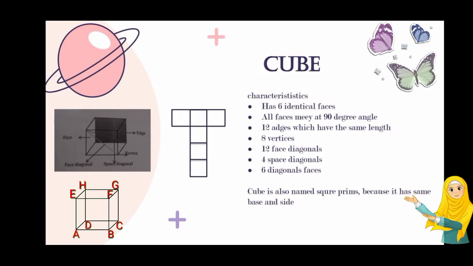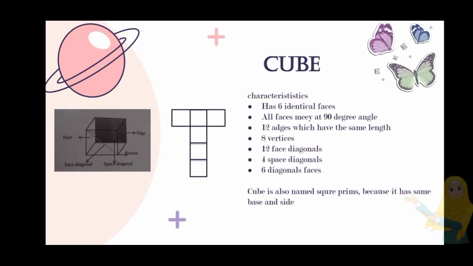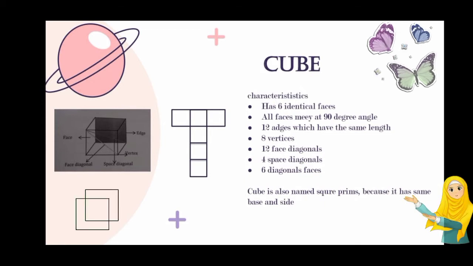All faces meet at a 90-degree angle. 3. 12 edges which have the same length. 4. 8 vertices. 5. 12 face diagonals. 6. 4 space diagonals. 7. 6 diagonal faces.